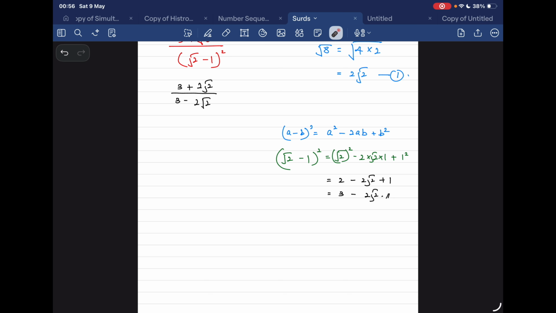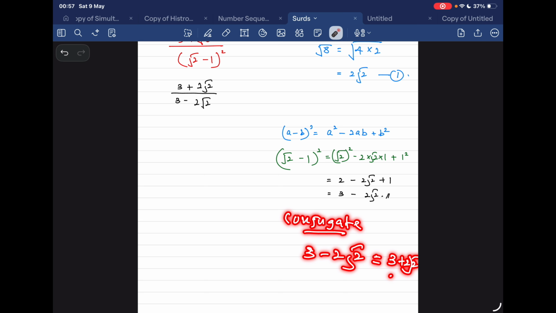Therefore we should rationalize the denominator. To do this, we multiply by the conjugate. Keep in mind what conjugate means. If we have 3 minus 2 root 2, the conjugate is 3 plus 2 root 2.